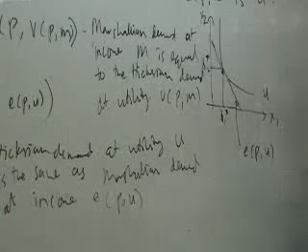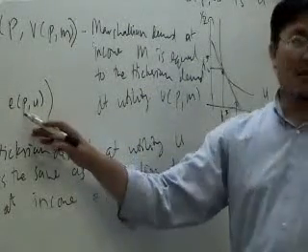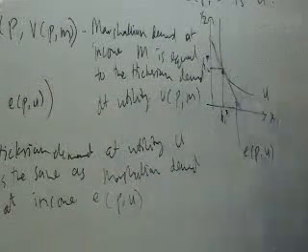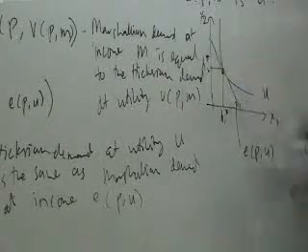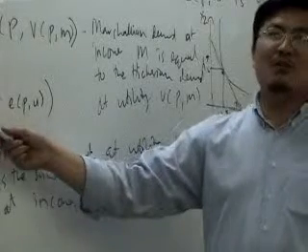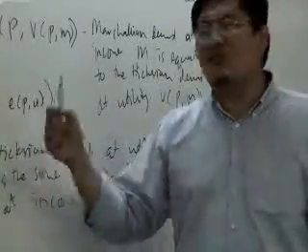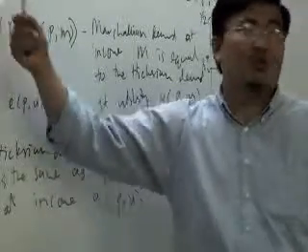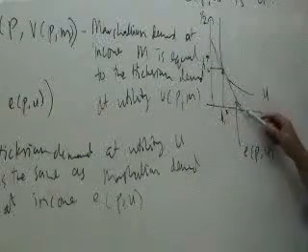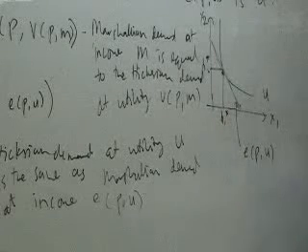And then you tanya pula soalan, kalau you ada pendapatan sama dengan E(P,U), maknanya what is your budget constraint now? This is your budget constraint. And now you try to find the maximum utility level that you get. Find the combination of X1, X2 yang akan memaksimalkan utility you. So now this is my budget constraint.